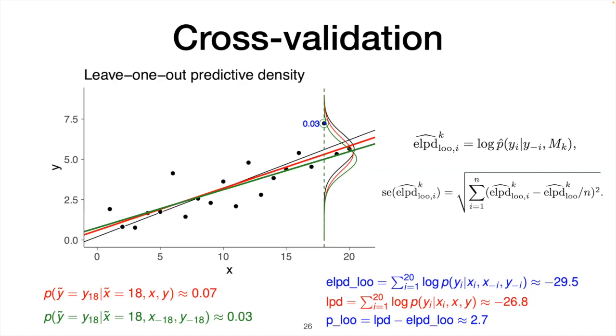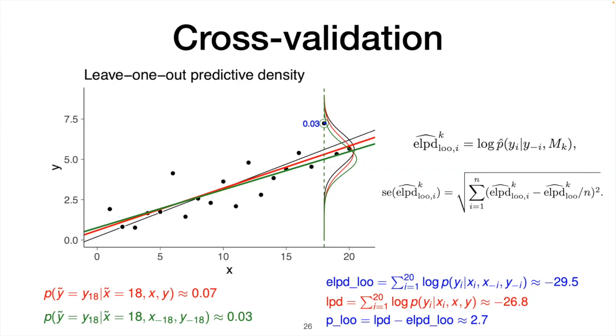And the difference between them would be the effective number of parameters. And you can actually prove that in expectation, LPD is always larger than ELPD, so the difference is always a positive number.